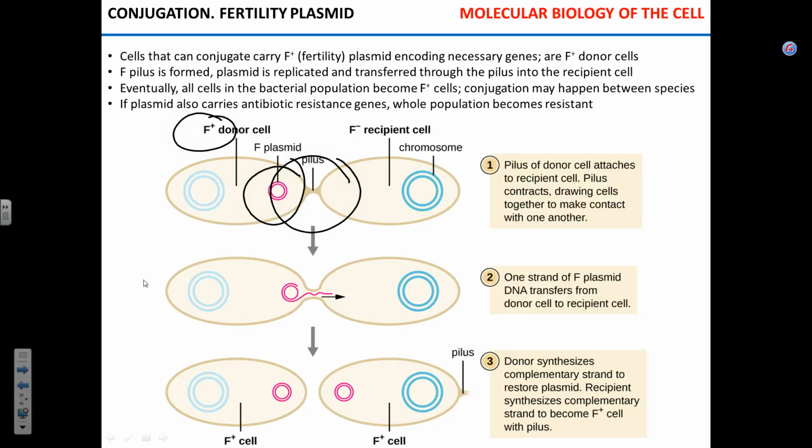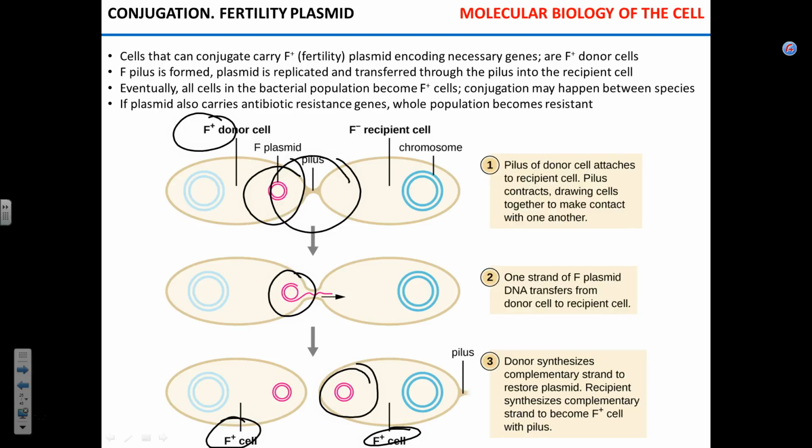When this pilus is formed, these two cells can communicate. The F plasmid gets copied. A copy of the plasmid is transferred to the recipient cell, and now you have two F positive cells. Does that make sense?